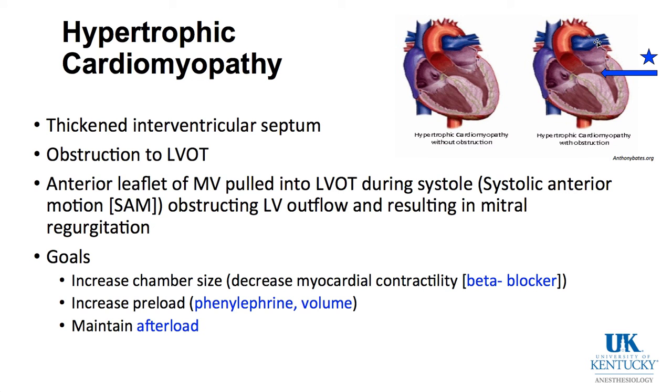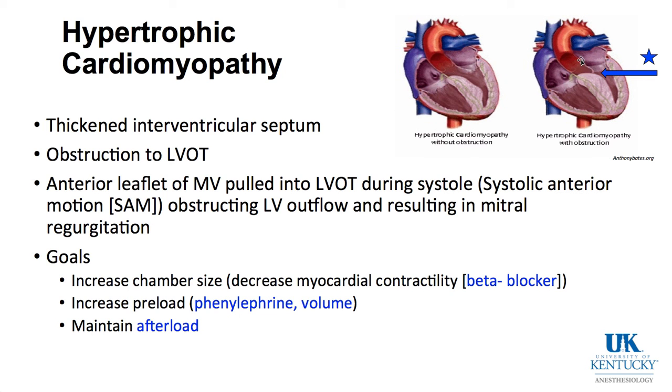The picture at the top right shows hypertrophic cardiomyopathy without obstruction first, and notice the thickening of the septum. In the case of this patient with hypertrophic cardiomyopathy who comes to the operating room and let's say they hemorrhage, they become hypovolemic for whatever reason, and the LV empties, maybe because of that hypovolemia or increased contractility or a reduction in SVR as you turn up 2 MAC of an inhaled agent, you can see how LV outflow tract obstruction can occur.